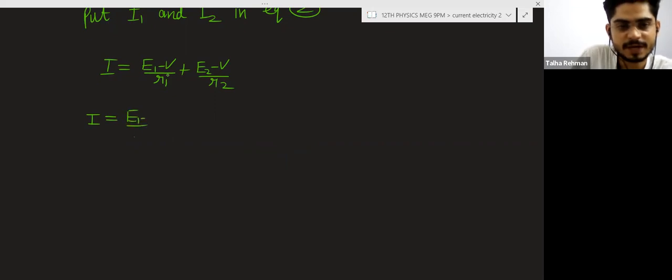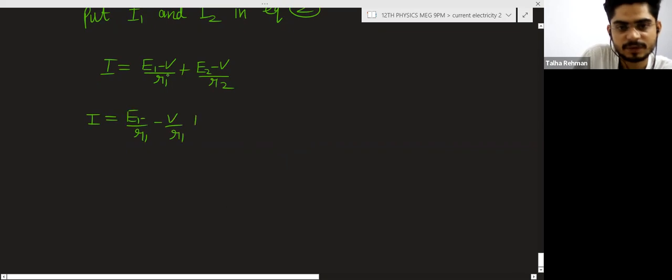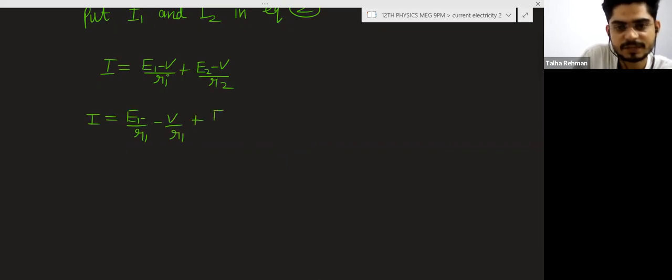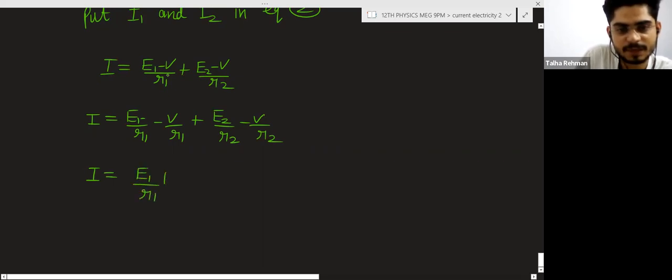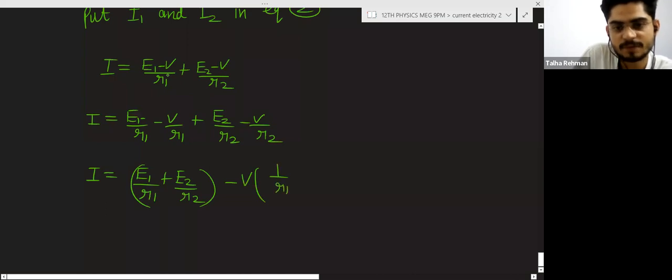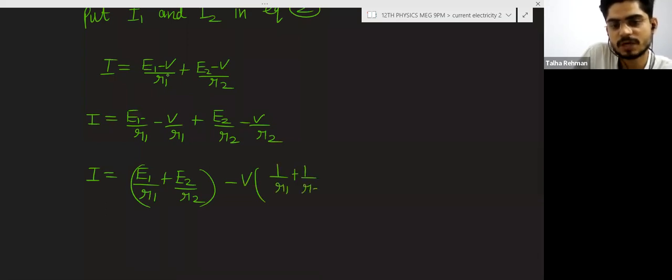This equation can be written like this: E1 divided by R1 minus V divided by R1, plus E2 divided by R2 minus V divided by R2. Now I will take common E1 divided by R1 plus E2 divided by R2, and here minus V I will take common, so I will get 1 upon R1 plus 1 upon R2.